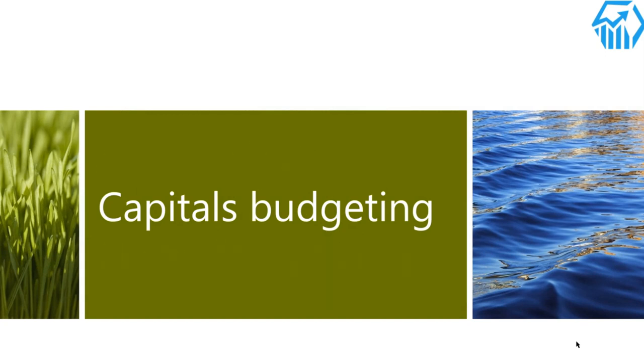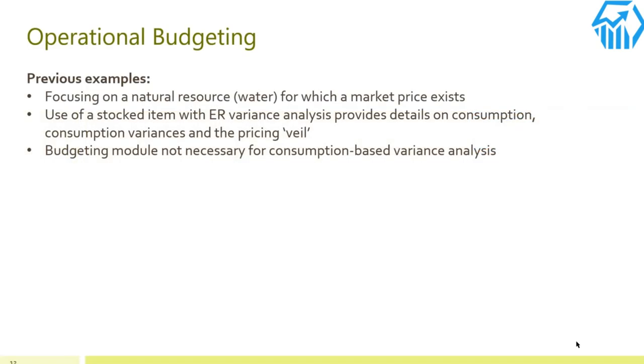But before we jump into that, let us quickly review what we investigated last time when we were creating this budget for water. Here we focused on a natural resource where we had a market price. We used a stocked item and then used electronic reporting, ER, to analyze the variances between the planned data and the actual consumption.